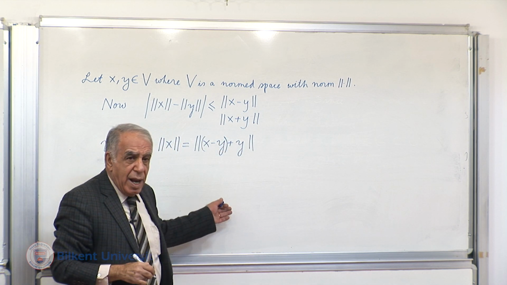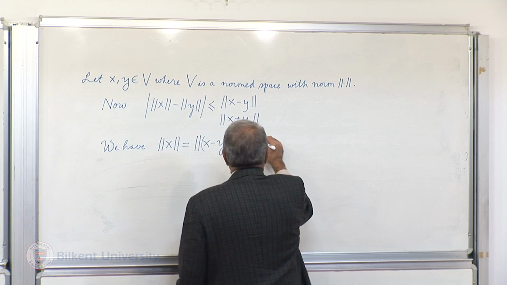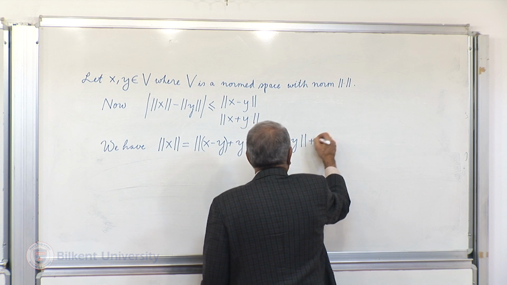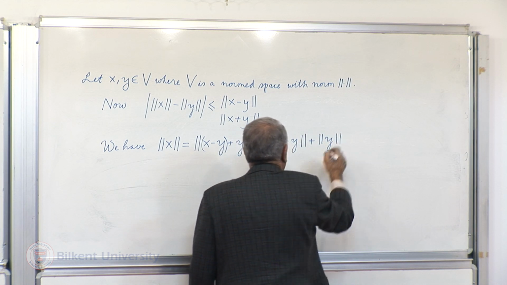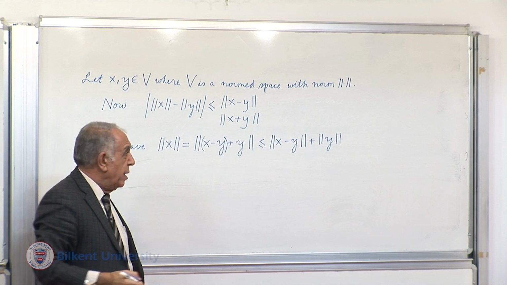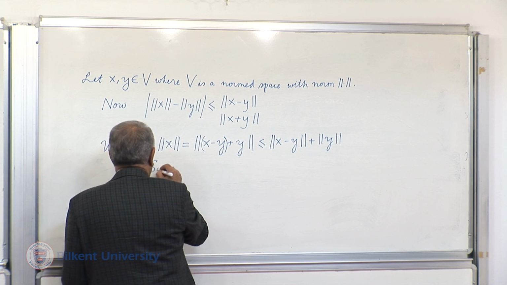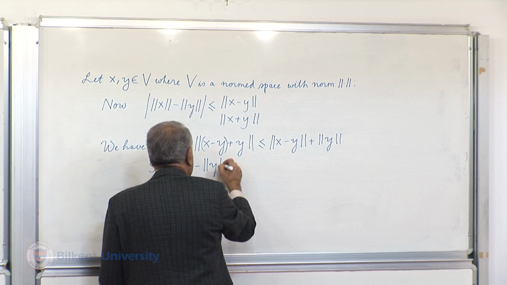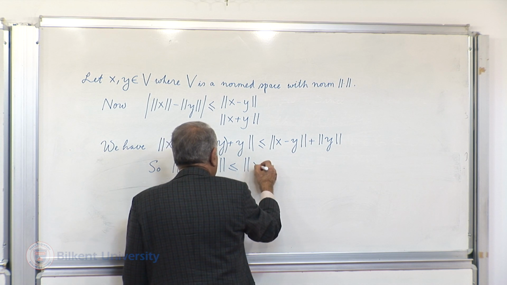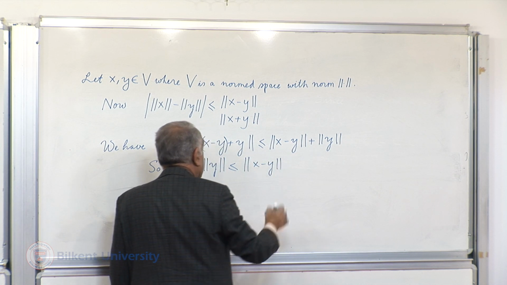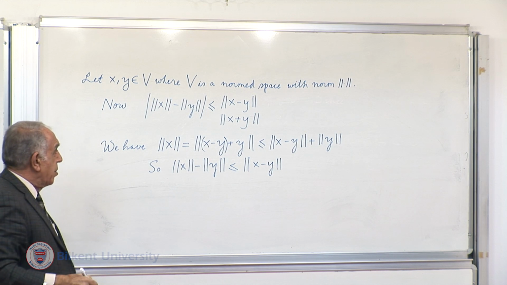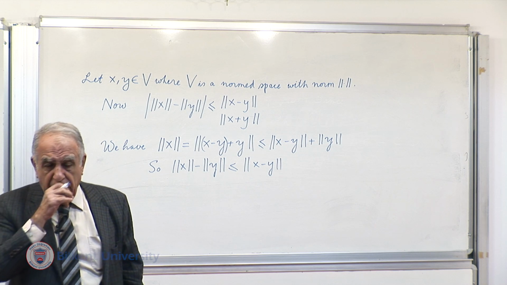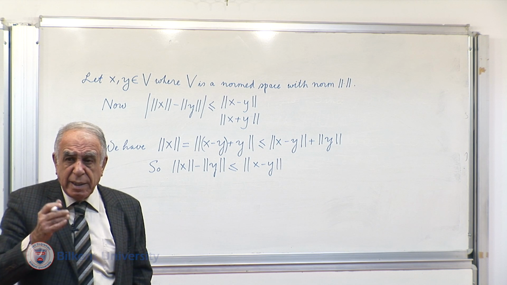And using the triangle inequality, this will be less than or equal to the norm of x minus y plus the norm of y. So the norm of x minus the norm of y will be less than or equal to the norm of x minus y. But now we can interchange the roles of x and y.